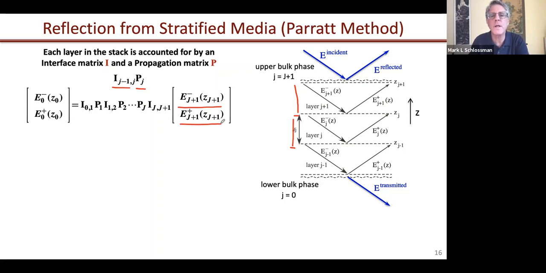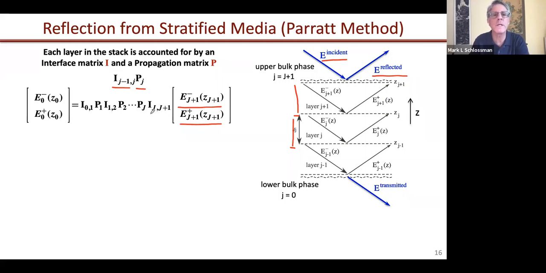This field, E minus capital J plus 1, that's the incident field. And the E plus capital J plus 1, that's the reflected field. That's the one we want to find out. And so we can start out from those.